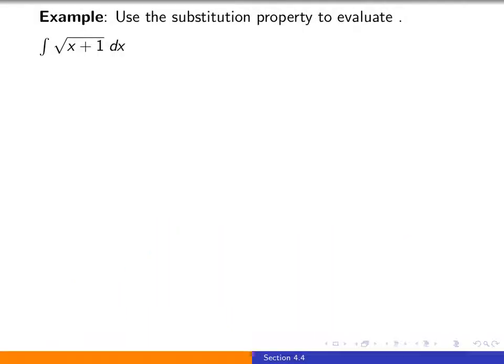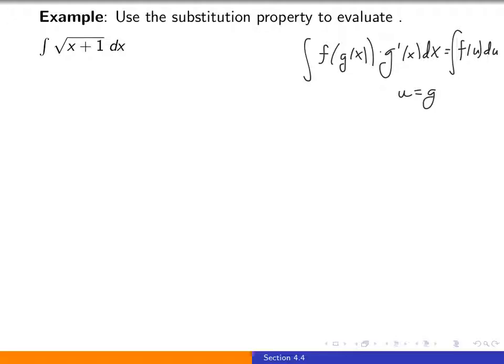So let's go ahead and put this technique to work for us. Let me remind you of what we had: the integral of f of g of x times g prime of x equals the antiderivative of f of u du, where u, the substitution, is g of x.